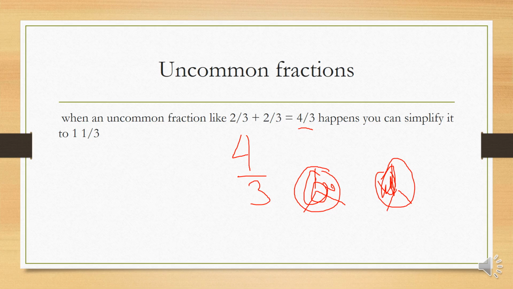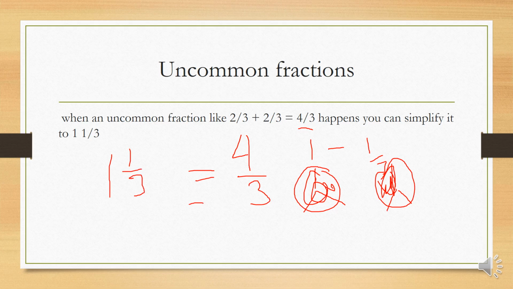Well, what do we consider this? This becomes one whole, and then one slice out of 3. Remember the first video? That becomes 1 over 3. So 4 over 3 is equivalent to 1 and 1 over 3.